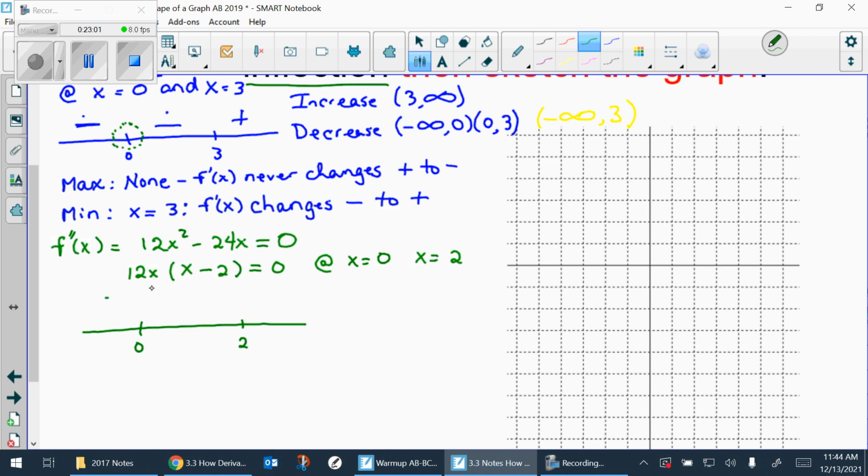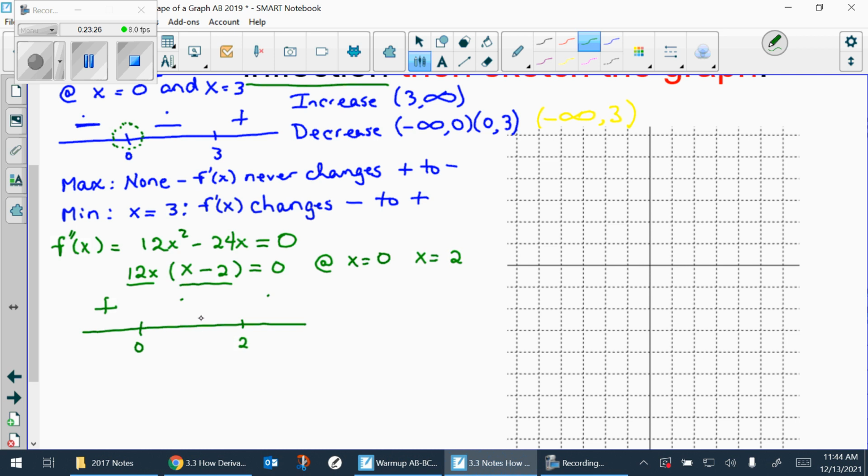And I want to see what's going on in each of these 3 intervals. So I'm going to start by choosing a negative number, something in here. If I choose any negative number, like -1, this factor is negative, this factor is negative. When I multiply them, I get positive.